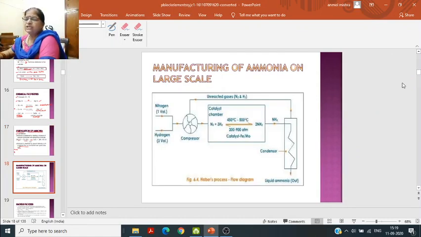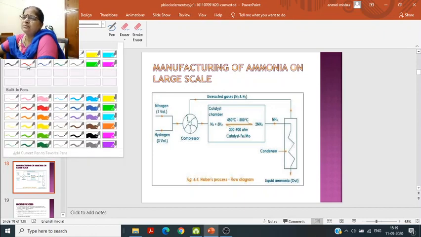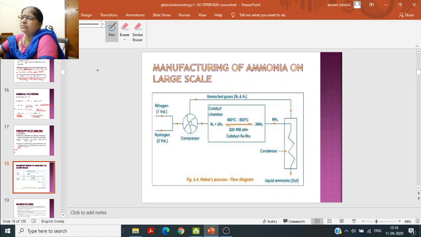Now, manufacture of ammonia on large scale. So here you can see the diagram. Here nitrogen gas and hydrogen gas in the ratio of 1:3 are passed through a compressor, because these gases have to be liquefied.